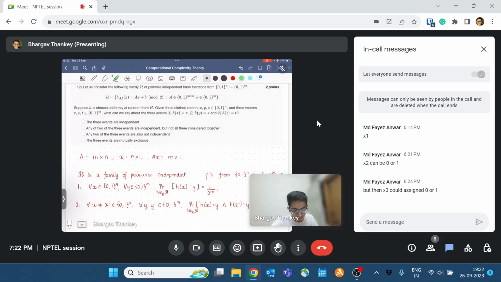So I will deny this first option, that all three events are independent, because if we compute the joint probability of, say, x, y, and z, since x and y are independent and y and z are independent, therefore the joint probability of x, y, z is equal to the probability of y given x multiplied by the probability of z given x and y.